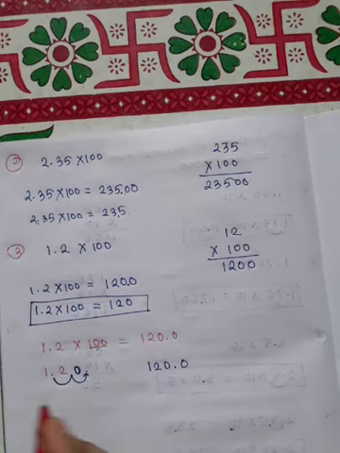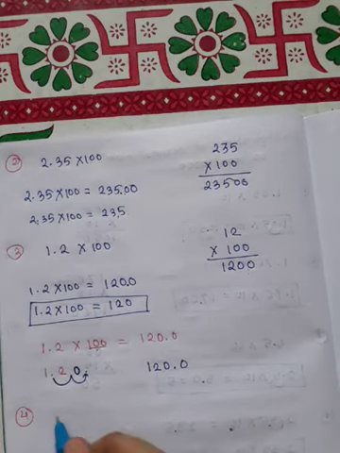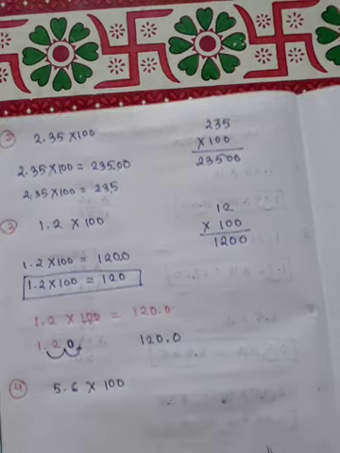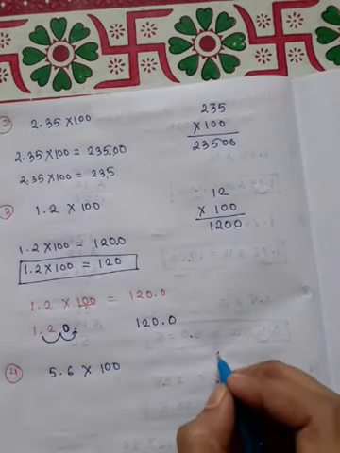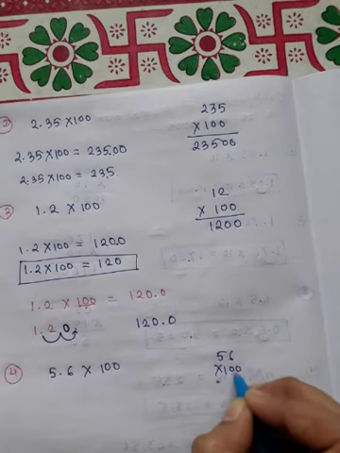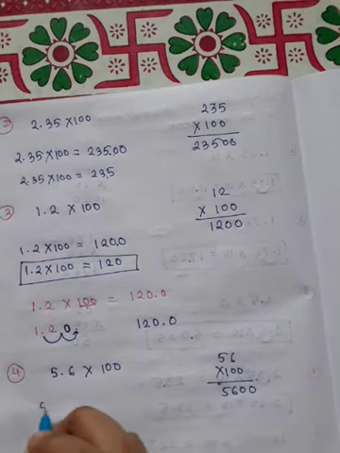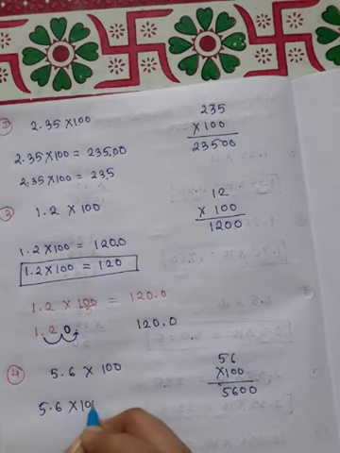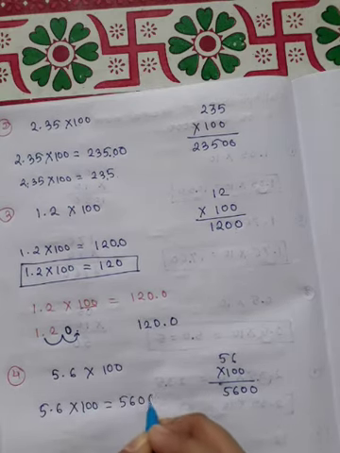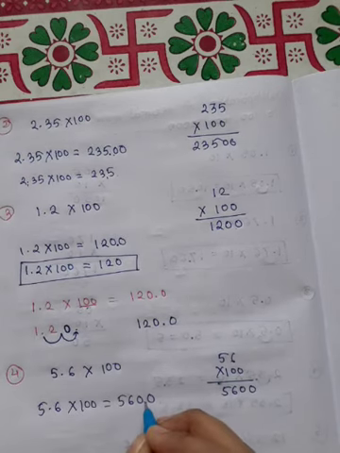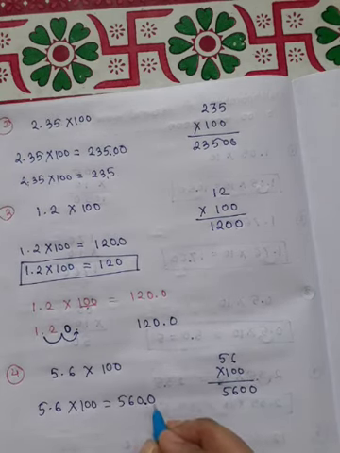Okay, this is a different example, so you know how to multiply. See one more example. When we multiply 5.6 into 100, what will we get? 56 into 100, and what is 56 into 100? 5600. There is one digit after the decimal, so put the decimal point before one digit.